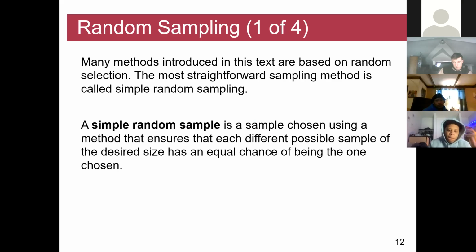All right, so in the textbook, they talk about random selection as the vehicle through which you can generalize the results of your sample to the general population. You can say something about the general population.